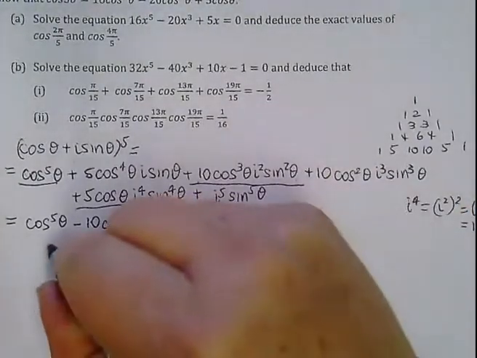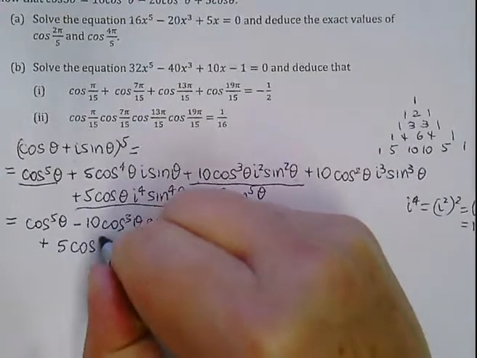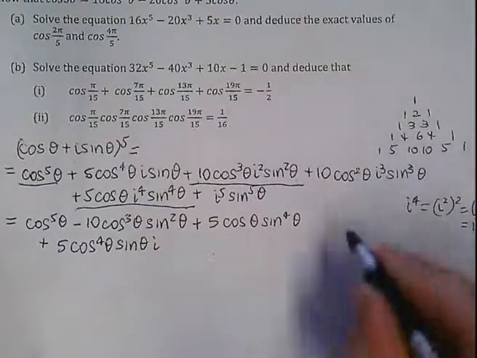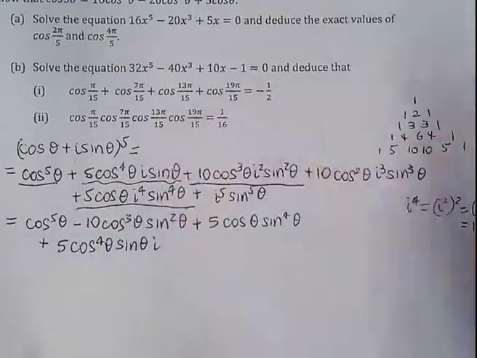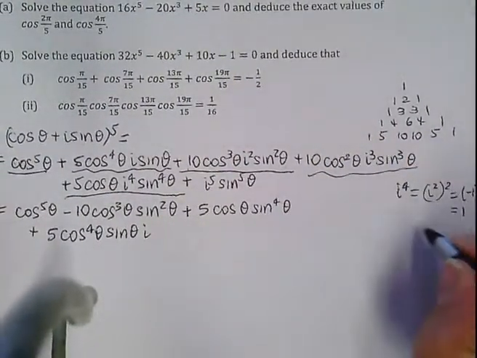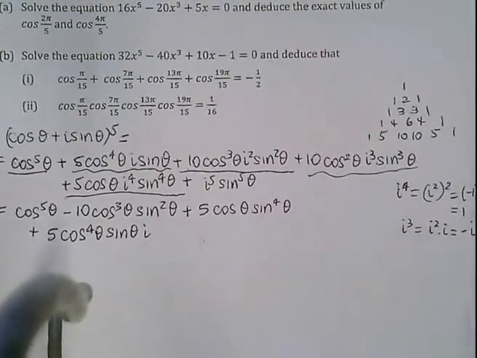They're our real parts. Plus, let's look at our imaginary parts. We've got 5 cos to the power of 4 theta sine theta, I'll just put the i on the end. That's imaginary. This is also imaginary. So we know that i squared is -1, so i cubed will be i squared times i, which is -i.